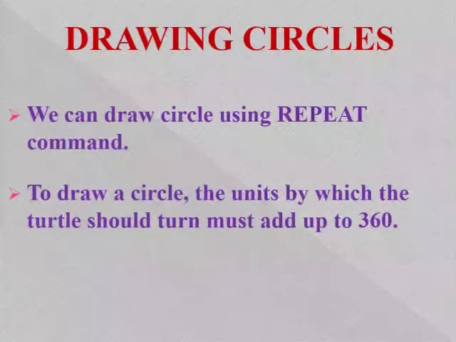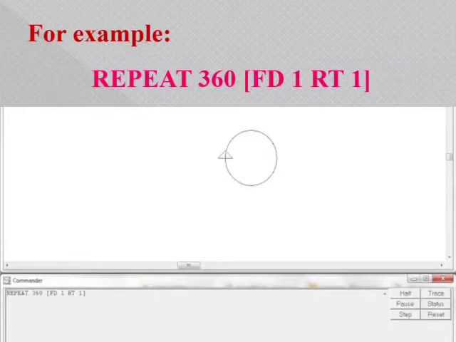Students, we have learned how to draw a polygon. But to draw a circle, we can also use repeat command. To draw a circle, the units by which the turtle should turn must add up to 360. For example, to draw a circle, repeat command will be repeat 360 because it will turn 360 times. Then in bracket FD 1 RT 1.